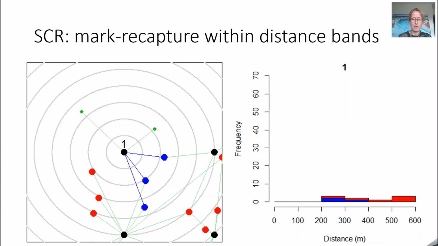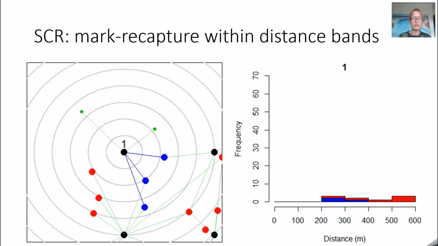So now the total bar height, combining the blue and red, represents the trials in each distance bin, and the blue sections of the bars represent the successes, and the red sections represent the failures. We limit this exercise to 600 meters from the detectors, so in this case from detector 1, as almost no detections were made past 600 meters.